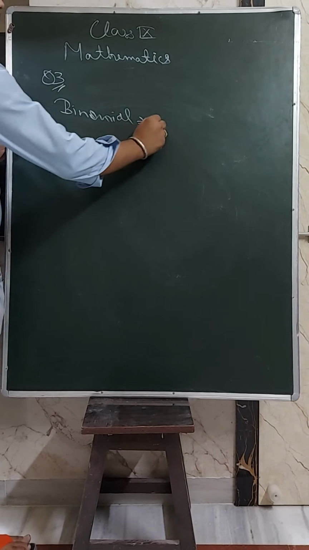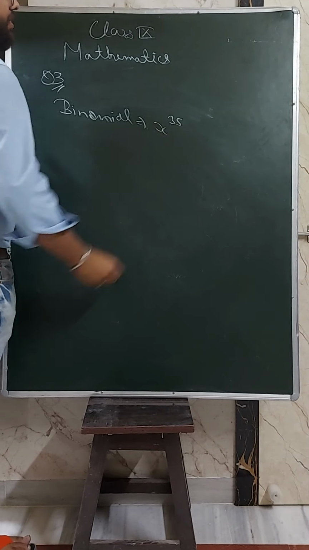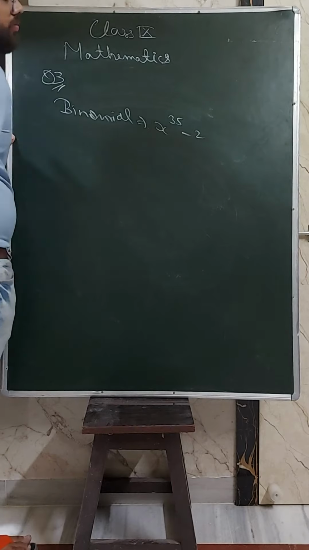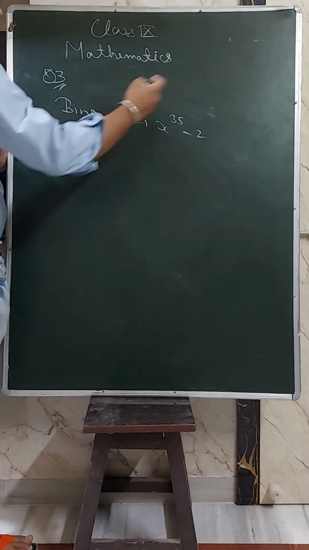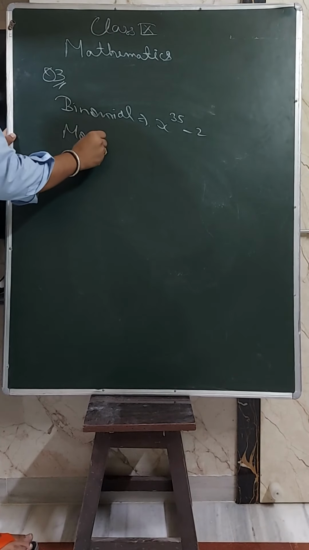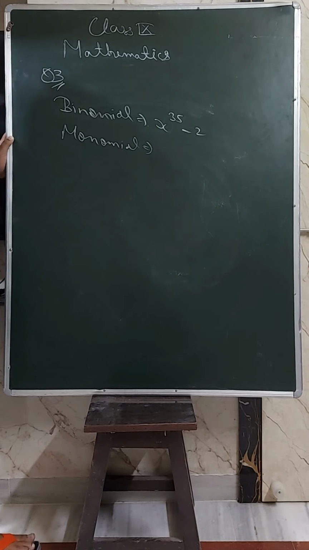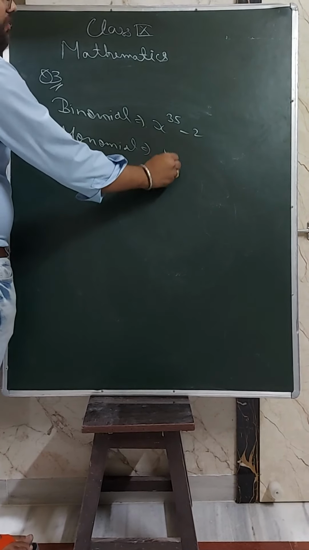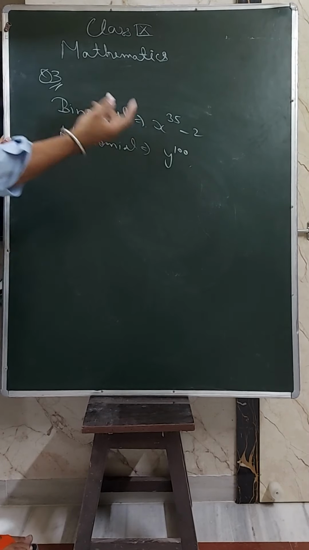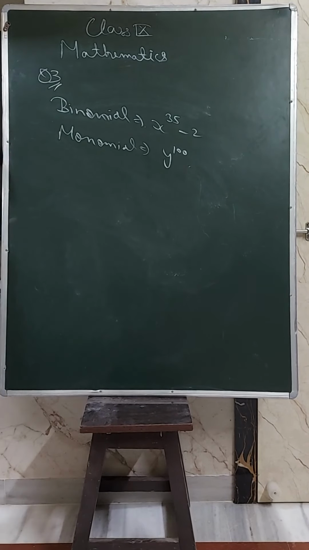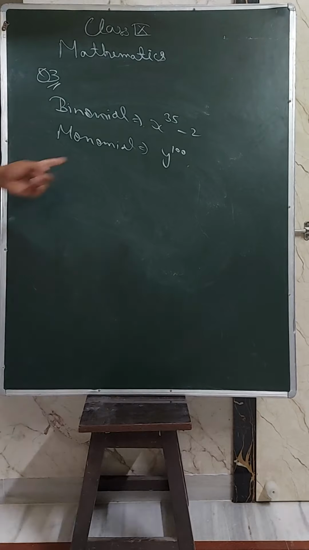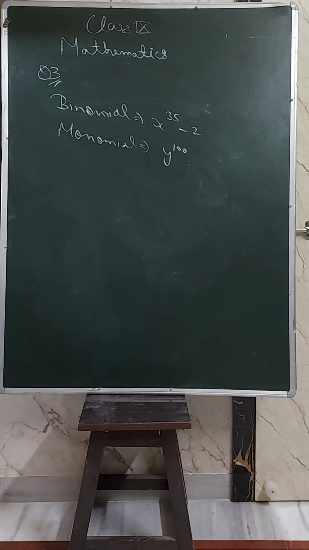So I can write anything, you can write x to the power 35 minus 2. Binomial, two terms are there. And monomial of one variable, of power 100. Only one term I have to write because monomial is there. Monomial means one term, binomial means two terms.